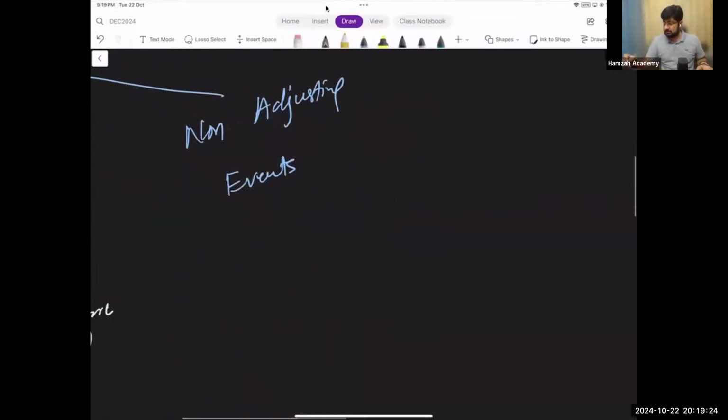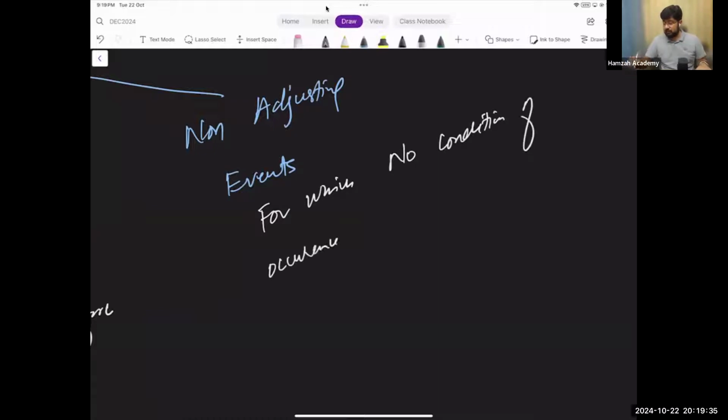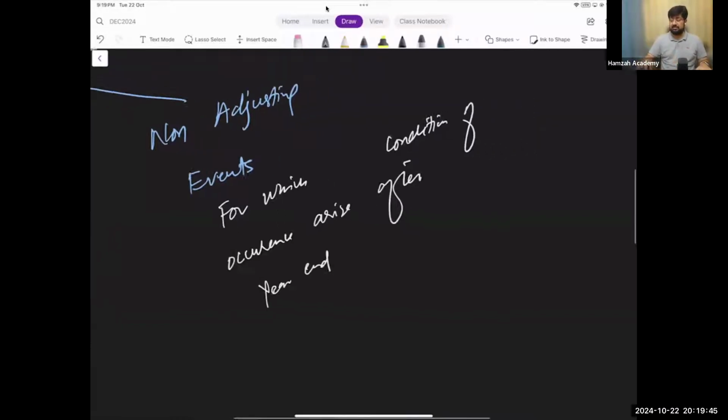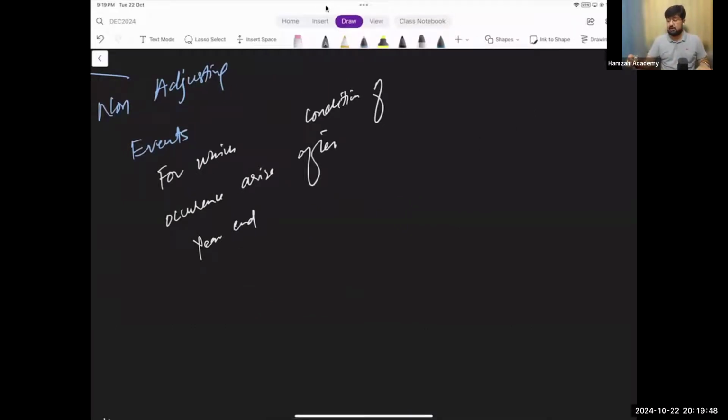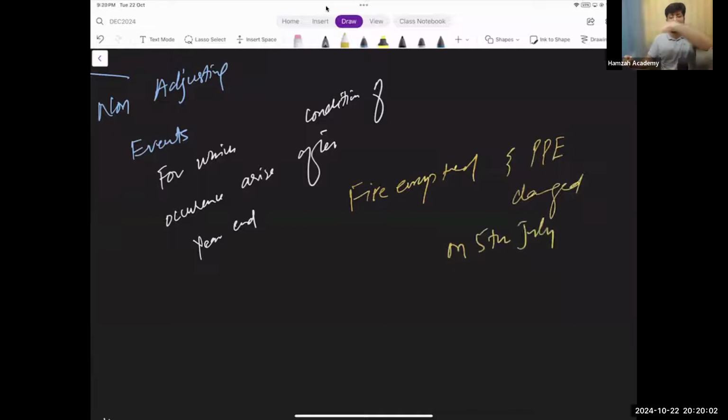Non-adjusting events are those events for which no condition of occurrence existed, or the condition of occurrence arises after year end. For example, a fire erupted and inventory, property, plant, equipment were damaged on 5th July, just after the year end.